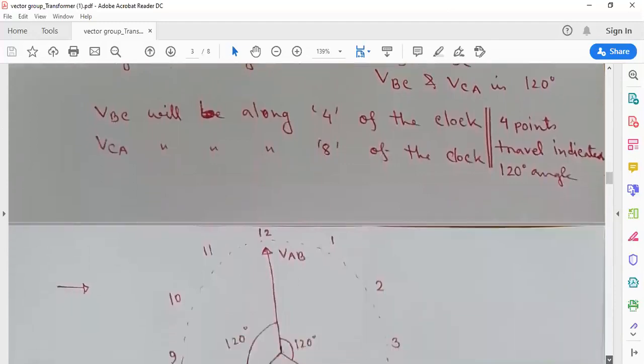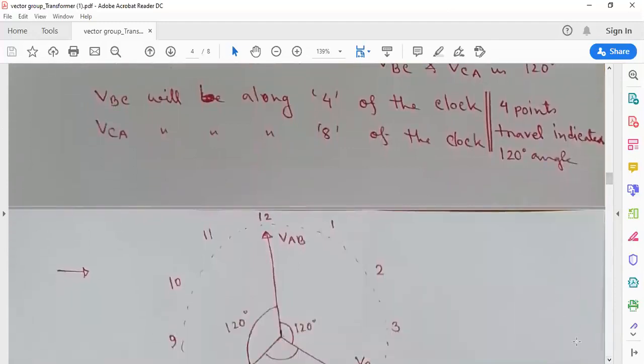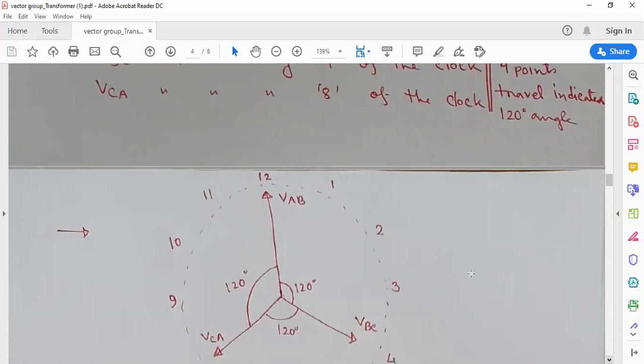We have traveled 120 degrees from 12. So VAB is along this direction, VBC, another line to line voltage of the high voltage side, is along this direction, and VCA is along this direction. All are line to line voltages of the high voltage side.